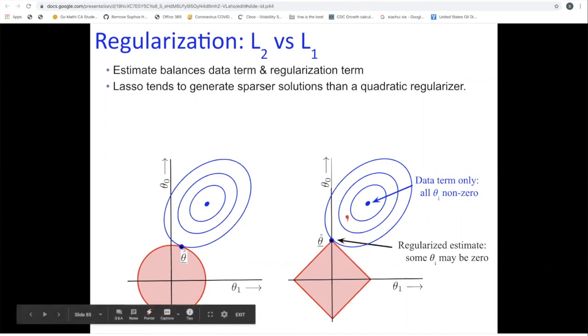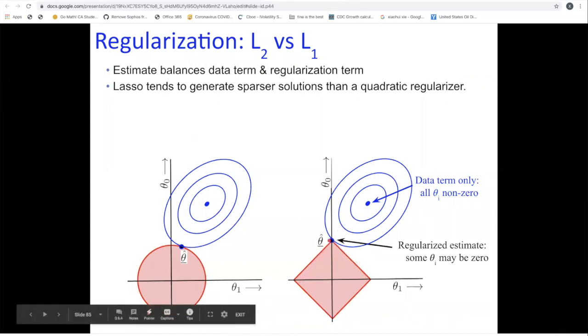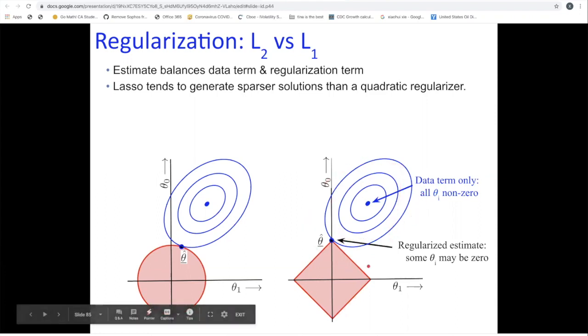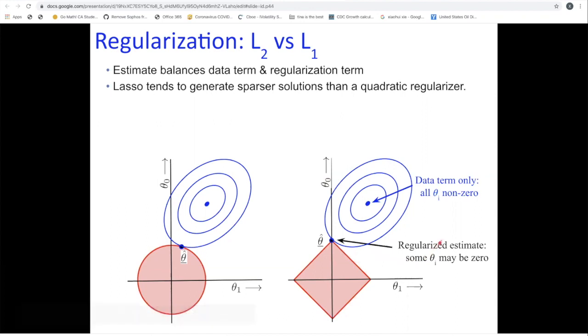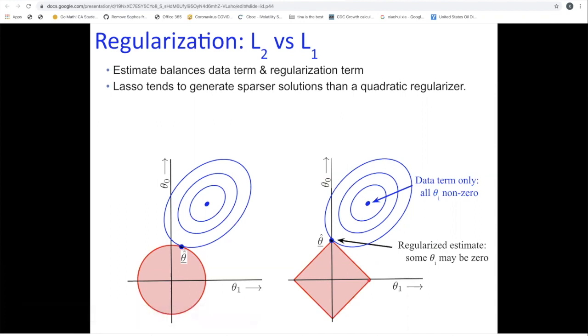Because of the function here, I have these particular corners. As a result, and this can be proven, the optimal parameters theta, if you impose the L1 norm, some of them will be exactly 0. And 0 means they are at the corner of these functions.